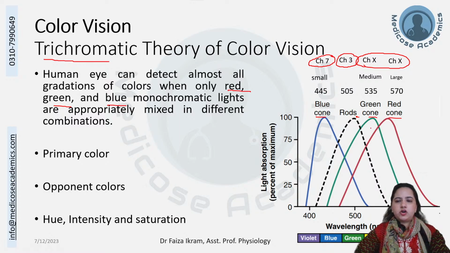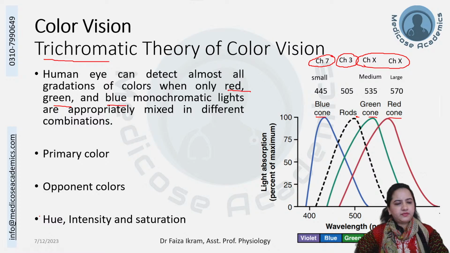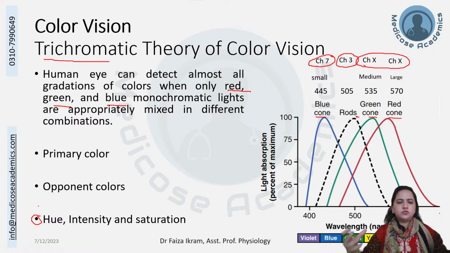By appropriate combination of stimulation of these three cones, any color can be perceived by the human eye. Also, there are other factors which can impact this. For example, degree of illumination, hue intensity, saturation of the color, and the phenomenon of opponent color. What is that?